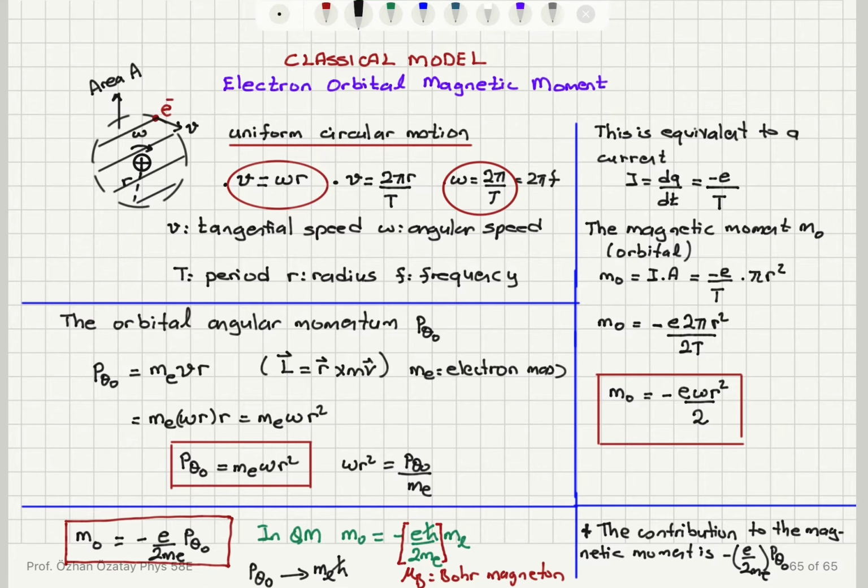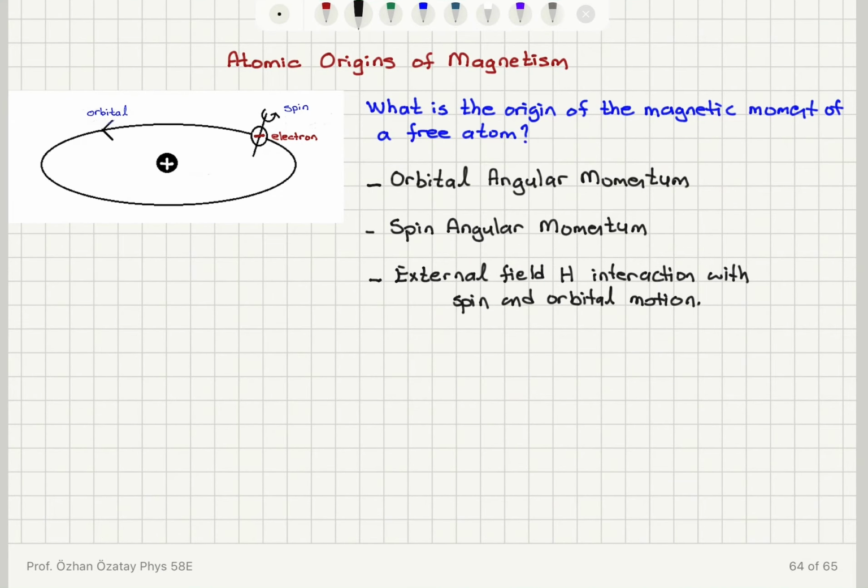Okay, so we are trying to answer the question, what is the atomic origin of the magnetic moment of a free atom? As I said, the electron is orbiting around the nucleus, so there's the orbital angular momentum. It's also spinning, so it has a spin angular momentum.